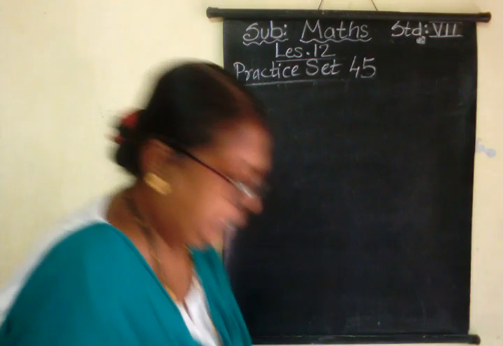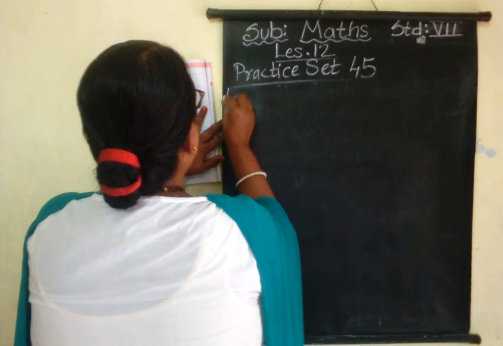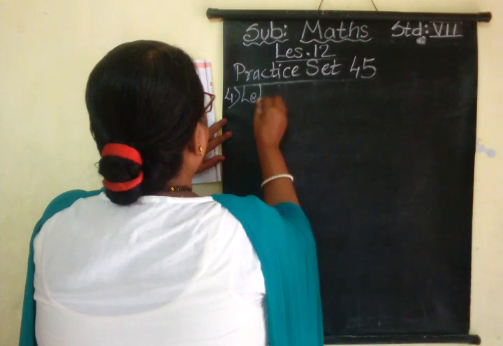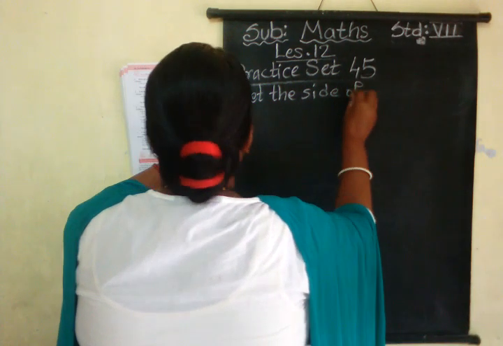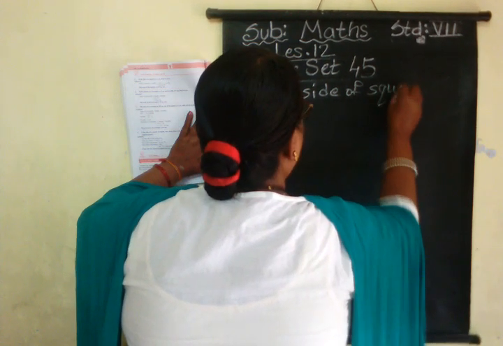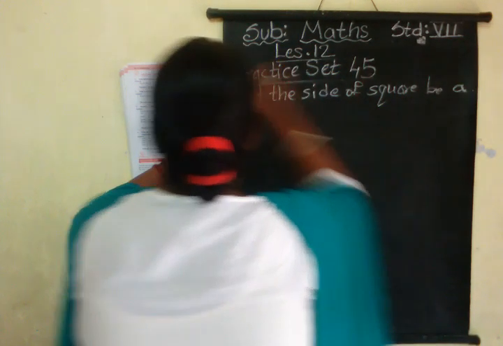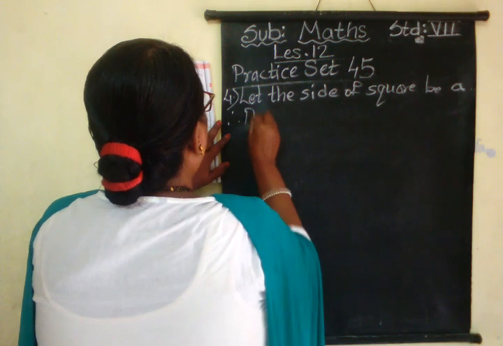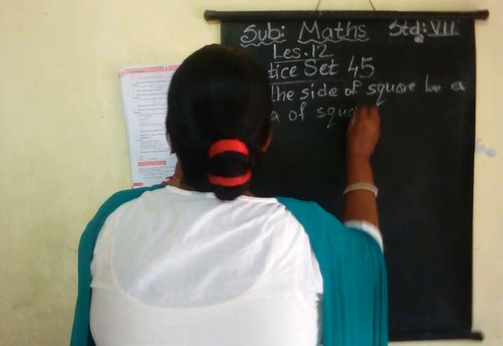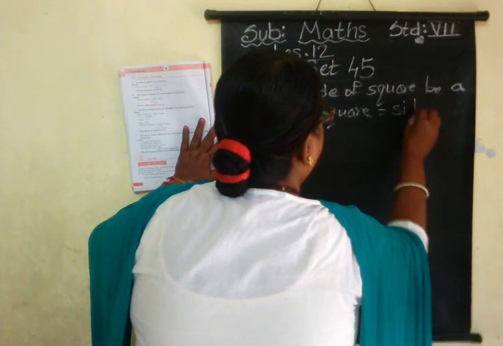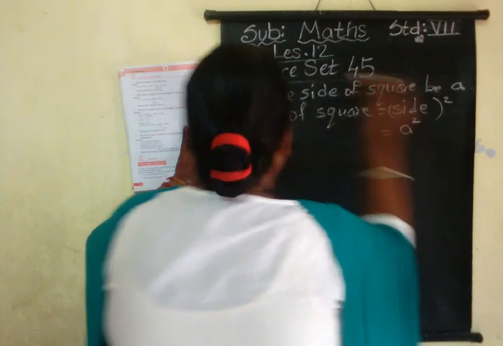I'll write the answer first and then I'll explain. Fourth one. Let the side of square be A. Therefore, area of square is equal to side square, which is A square.